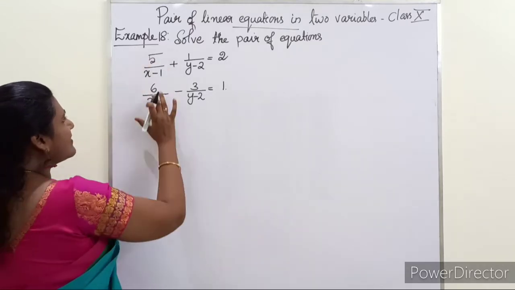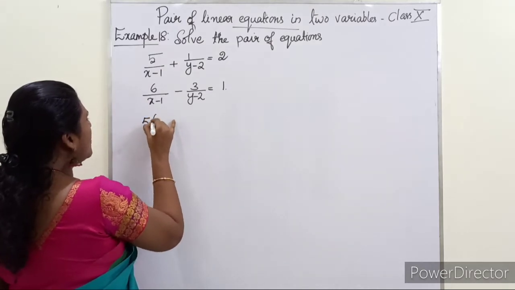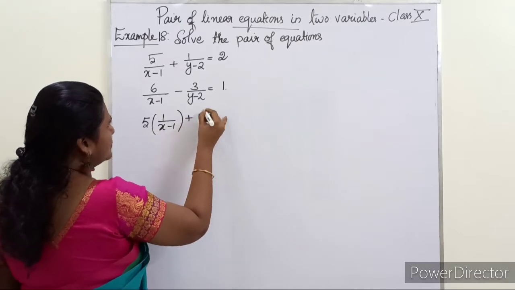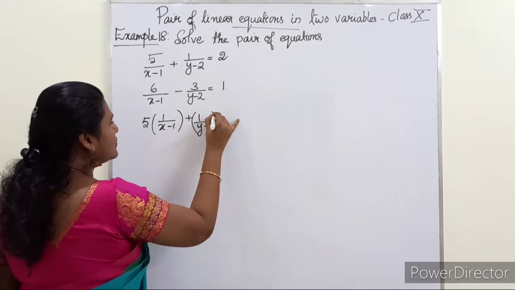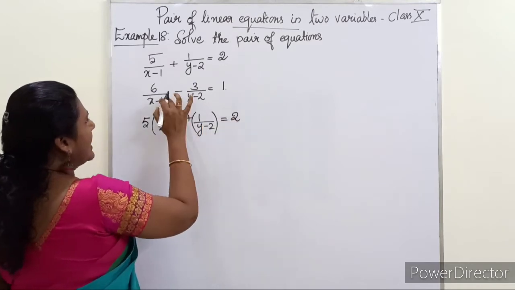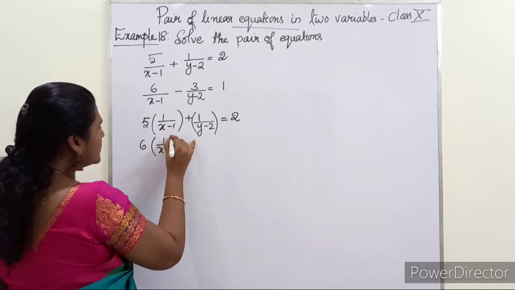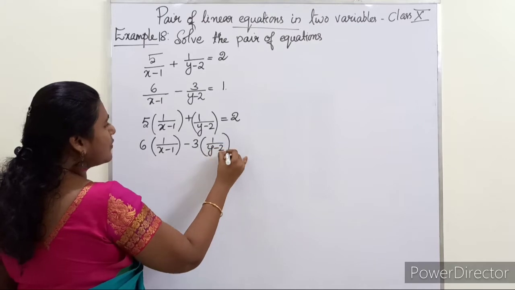So first we will rewrite these two equations as 5 into 1 by x minus 1, plus 1 by y minus 2, is equal to 2, and the second equation we can write as 6 into 1 by x minus 1, minus 3 into 1 by y minus 2, is equal to 1.